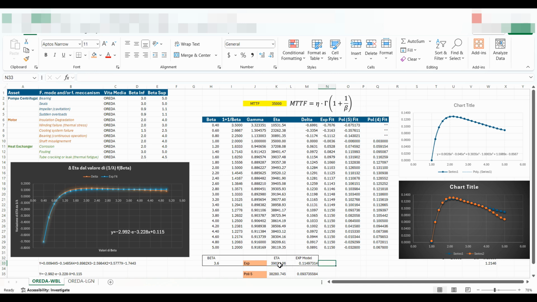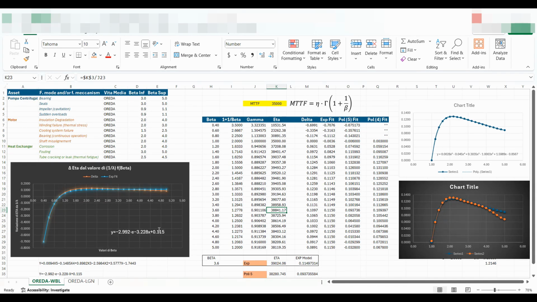So the result is we have an eta of 39,000 against an eta of 38,831. And we want to see what the difference is in terms of mean life. So if this one gives us 35,000, what value will it give us with the model, essentially?